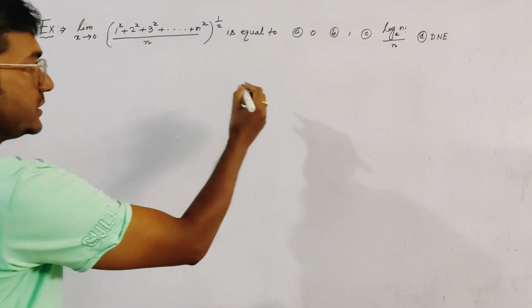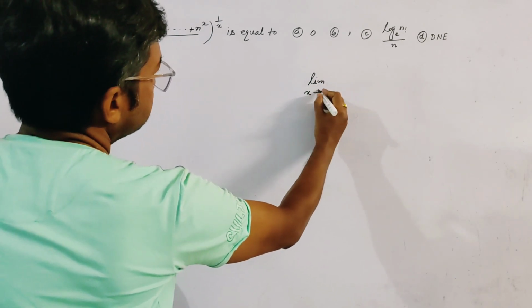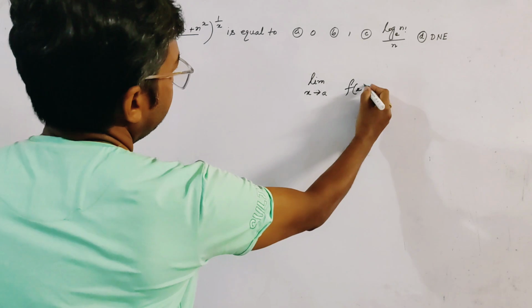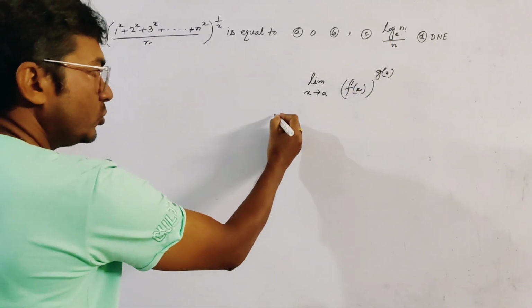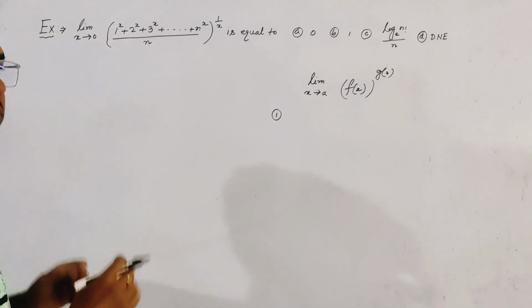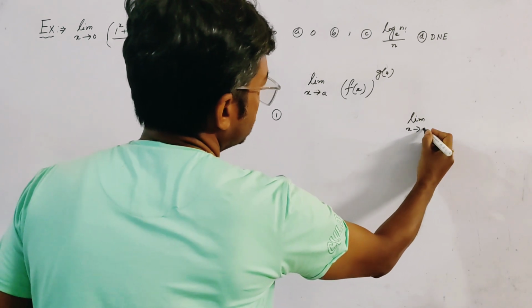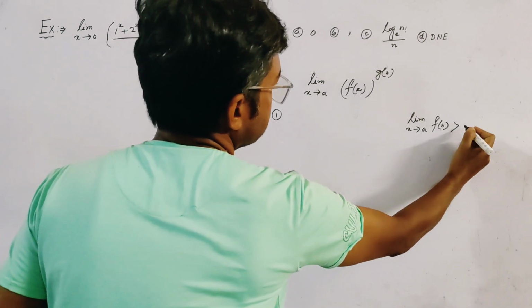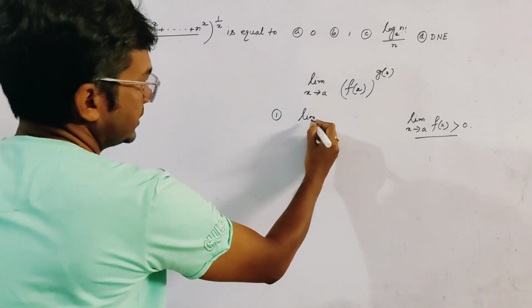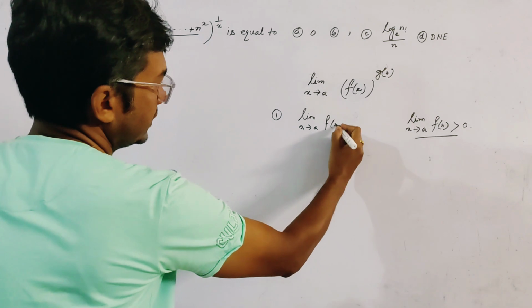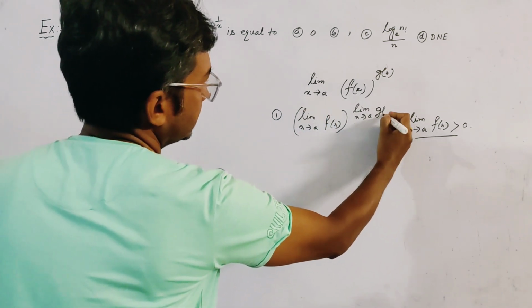Now we clearly see that this limit is of the form limit x tends to a of f(x) to the power g(x). Here we get two different cases. If limit x tends to a of f(x) is greater than 0, then we easily write this limit as limit f(x) to the power limit g(x).